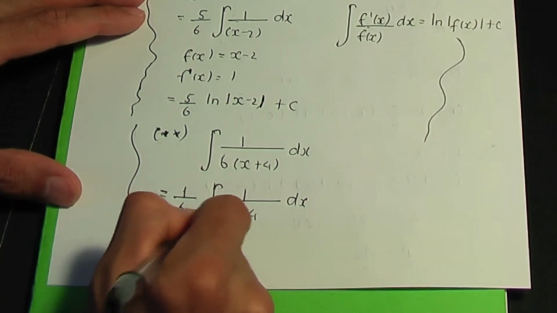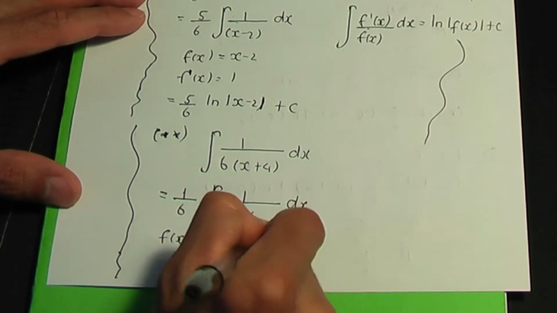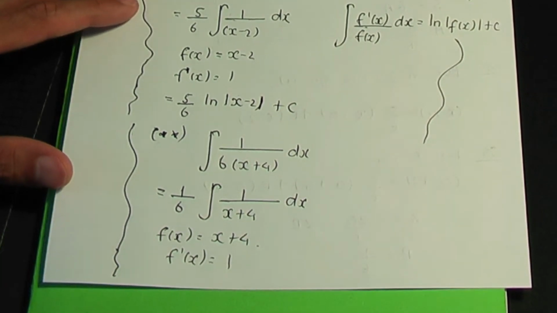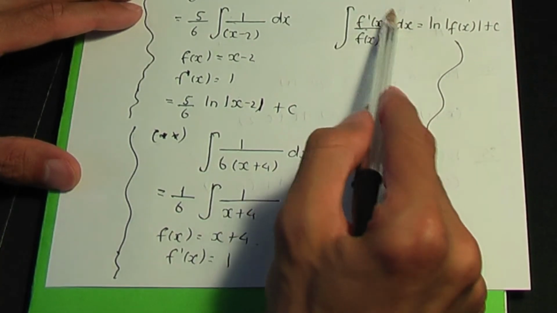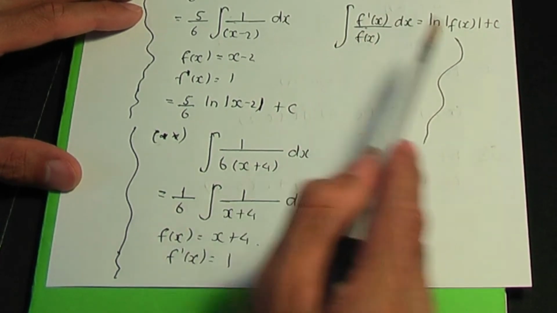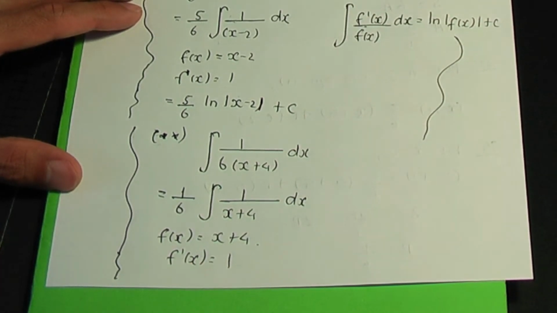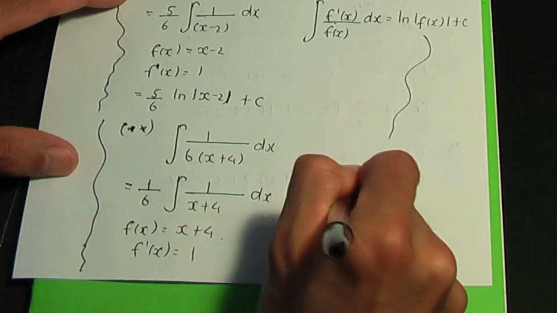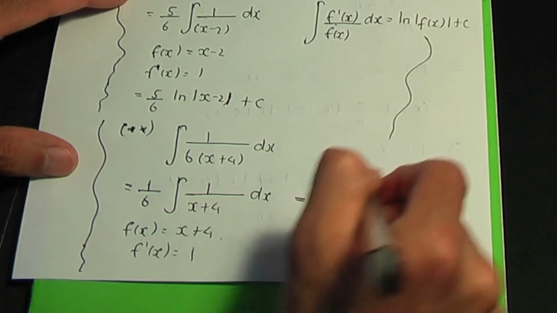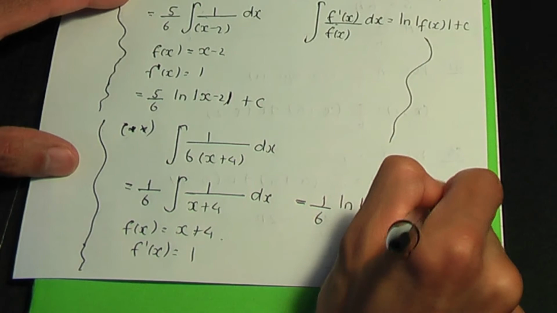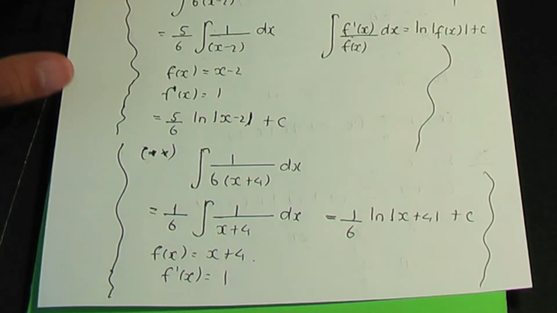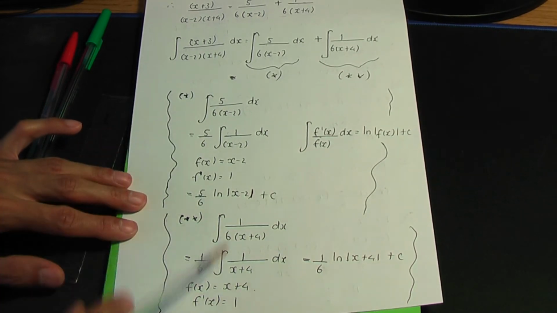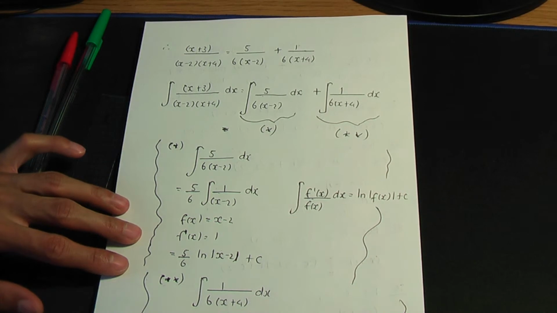If I take f of x to be x plus 4, f primed, when I differentiate, is 1. Since the numerator is the derivative of the denominator, I can apply this result again. So the result should be 1/6 ln the modulus of x plus 4, add c.